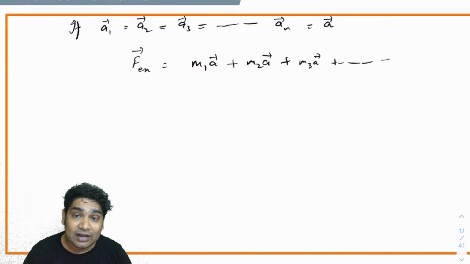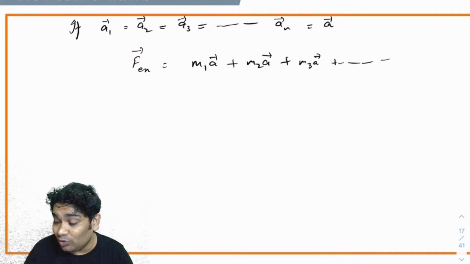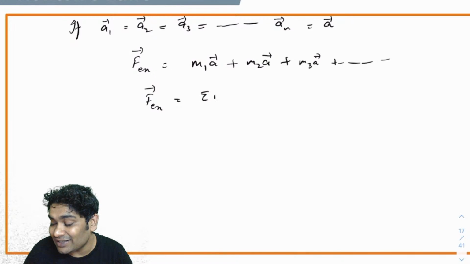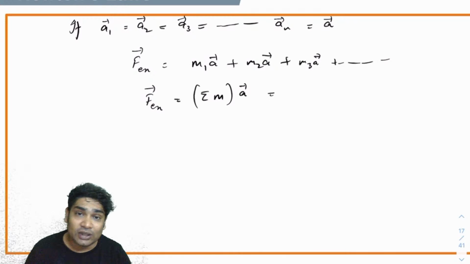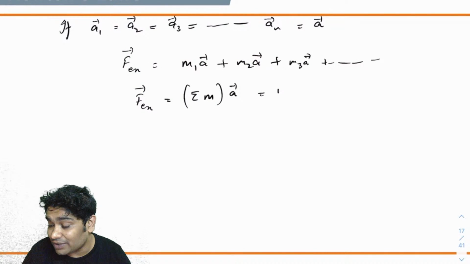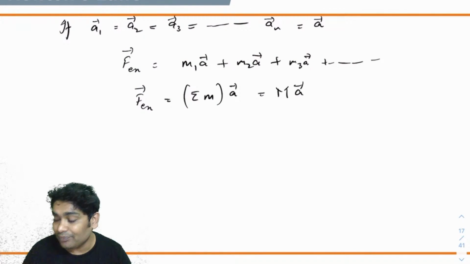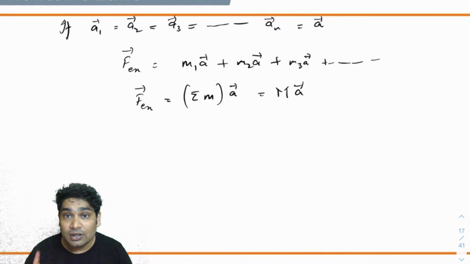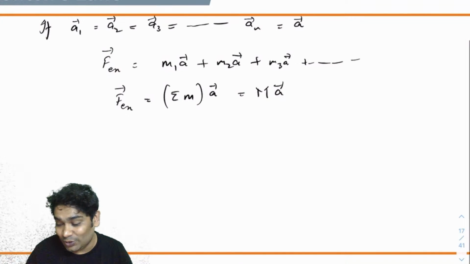I can take a vector common, and I get F external equals the summation of all the masses into a vector. The summation of all the masses is nothing but the total mass of the object. So F external equals ma. This is a special case when this equation becomes true.